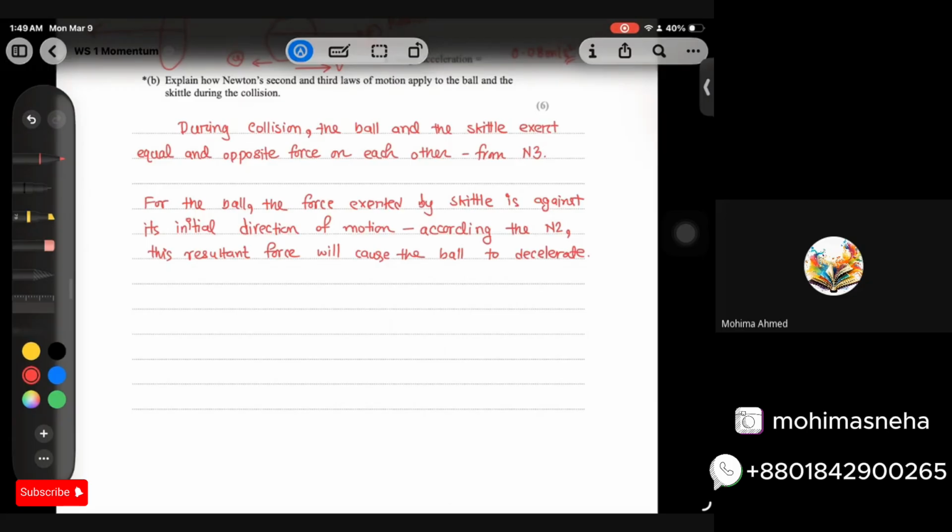I'm not going to mention in which direction it will move or not, because I don't know. So I'll just say it will decelerate. And then for the skittle, will move.